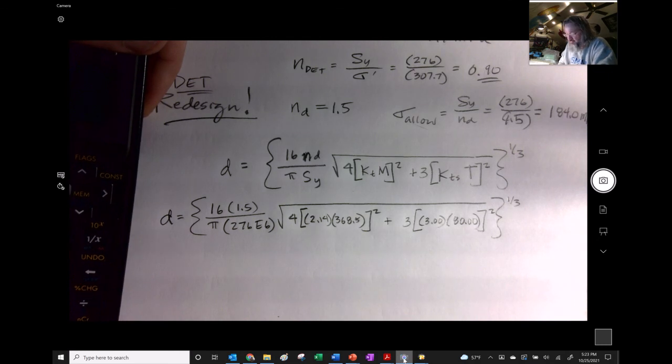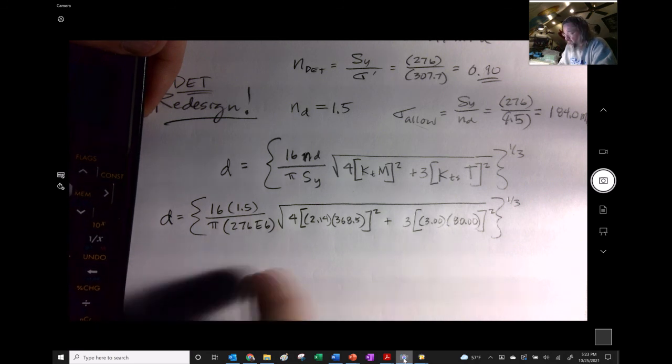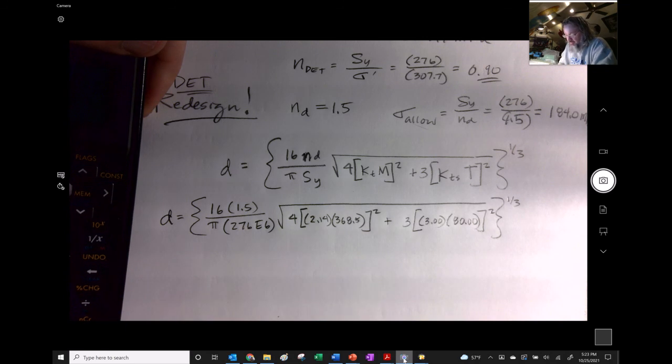368.5, and we multiply by 2.14 and square it. Multiply it by 4. Boom. Now we have 80 times 3, and we square it and multiply it by 3. We add those two together and take the square root.